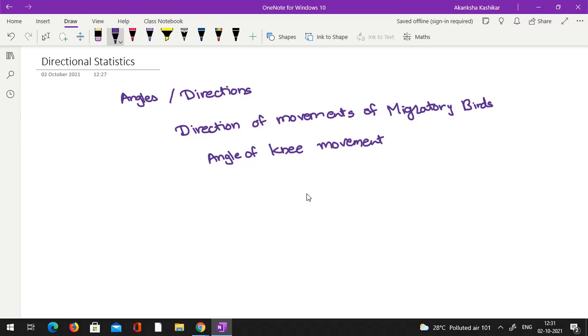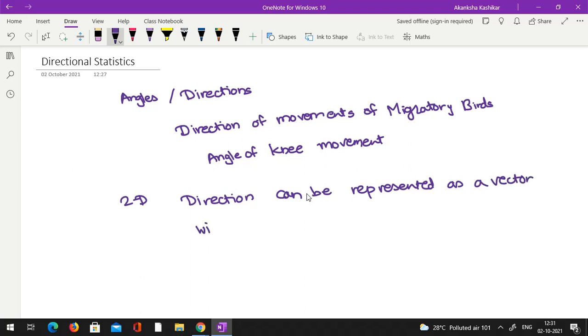What is directional statistics? If I am in 2D, then a direction can be represented as a vector with a suitable origin, correct?